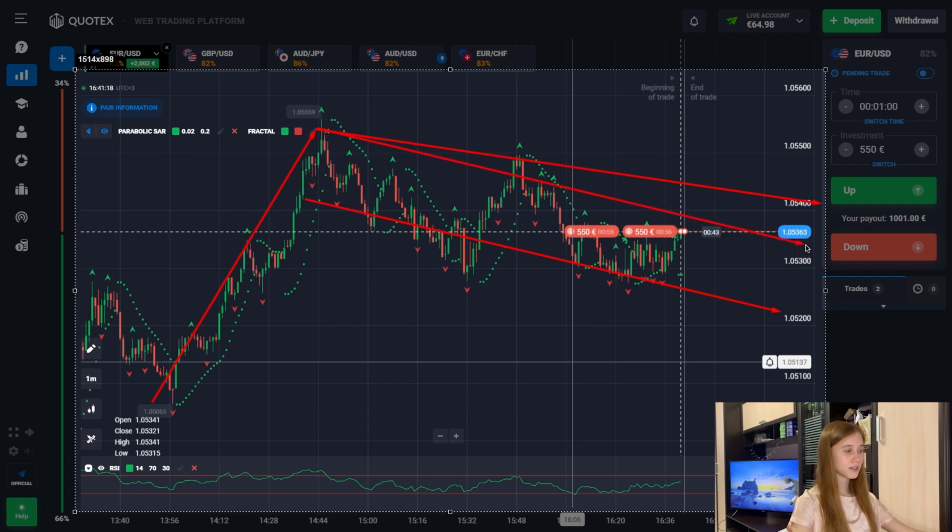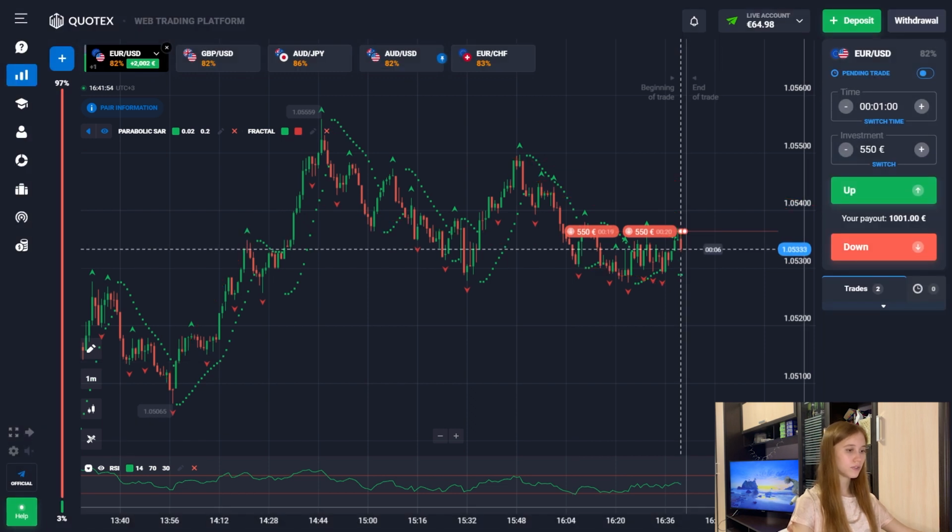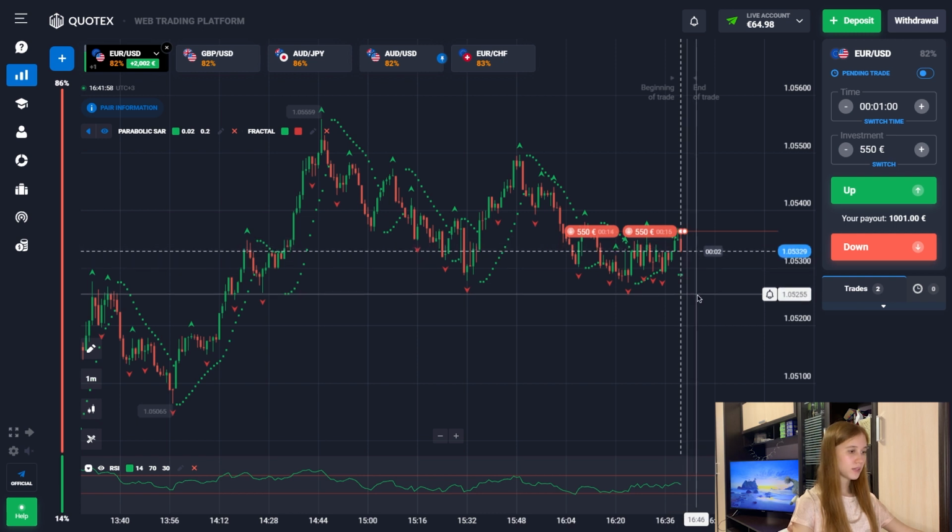We understand that our price is now in the area of resistance, and in this area we saw the first attempt to break through this growth. This means that we will now have at least some kind of corrective moment, so we are observing it and we are taking this deal into a plus. So let's wait for the result.